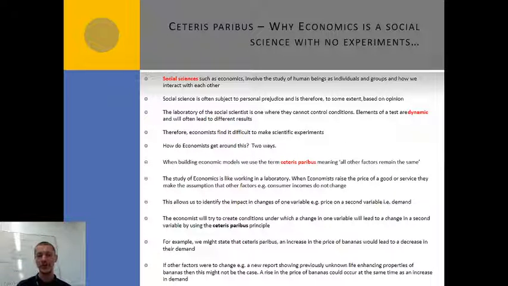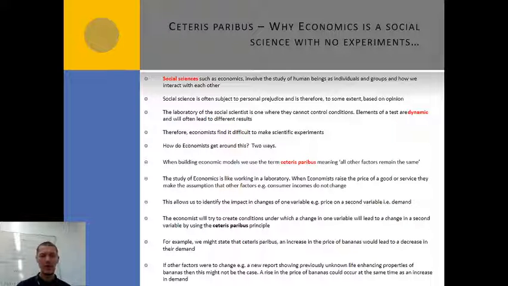If we didn't use ceteris paribus, for example, when we evaluate, we could be saying that we raised the price of a good, however, every single worker in the United Kingdom has had a pay rise. That will change the results of the examination of price rises.